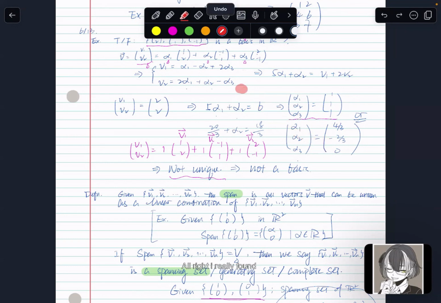All right, I already found two combinations of alphas. There are more because I can take any alpha 1, then calculate alpha 2 and alpha 3. So finding two of them means they're not unique, and not unique means it's not a basis.